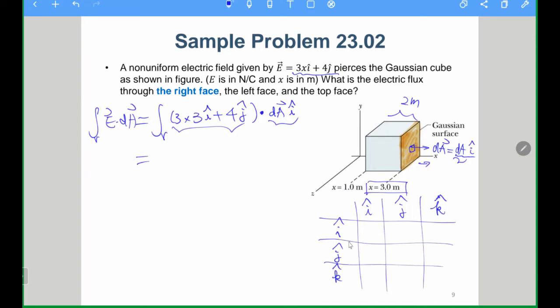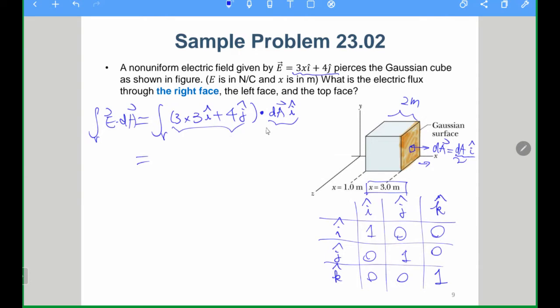If we have i dot i, it should be 1. If we have j dot j, it should be 1. If you have k dot k, it should be 1. If you have two different unit vectors in different directions, then you always have 0. Only the same unit vector dotted together gives 1. Otherwise, you get 0.